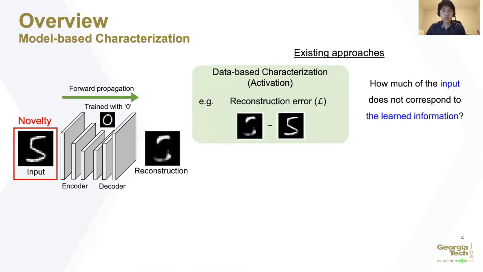Most existing approaches utilize data-based characterization for novelty detection. The data-based characterization answers the question of how much of the input does not correspond to the learned information. Using the reconstruction error is one of the widely used novelty detection approaches in this category.